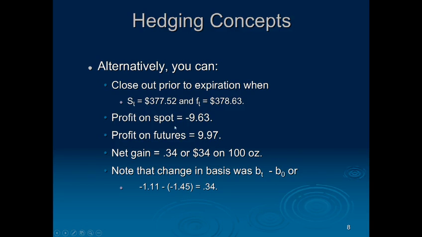So the money that I lose from the spot, I make a little bit more from the futures when I close out my position at time small t, and my net gain is now 34 cents. That is my current basis, b small t, minus my initial basis. So I still make a little bit of money, but it could very well be that the futures price is below the spot price. If that's the case, I would have lost money.